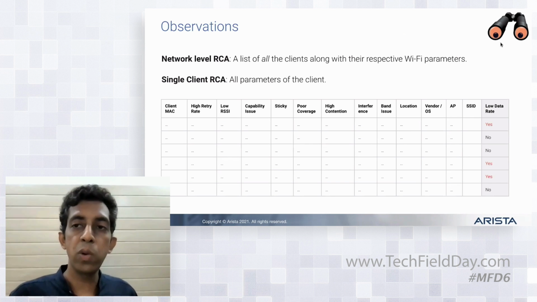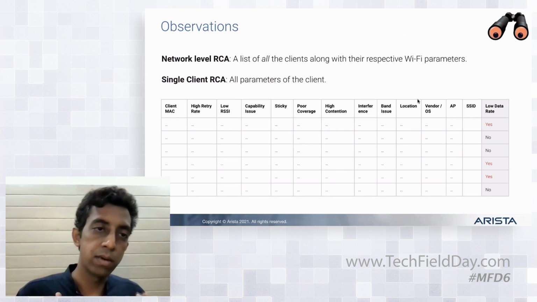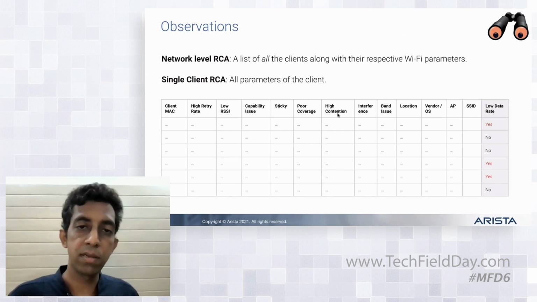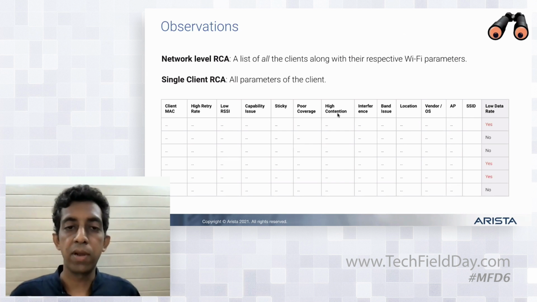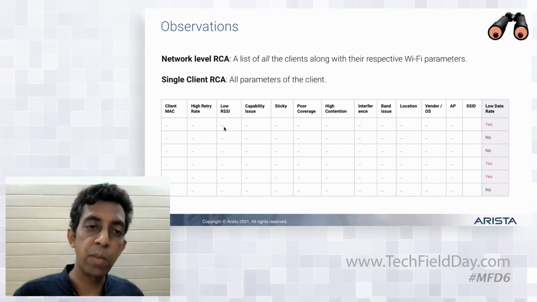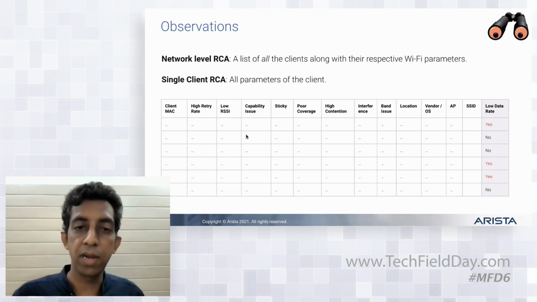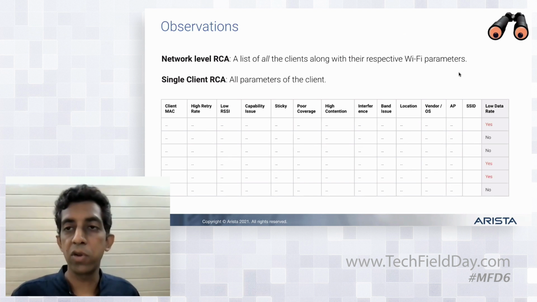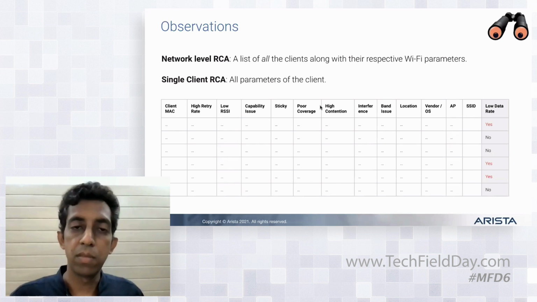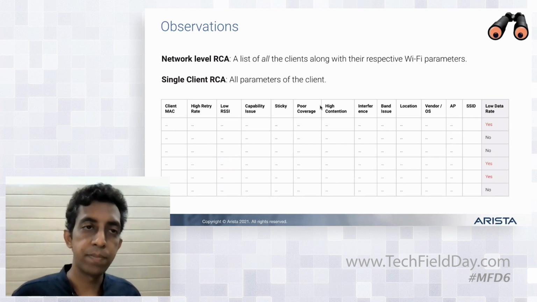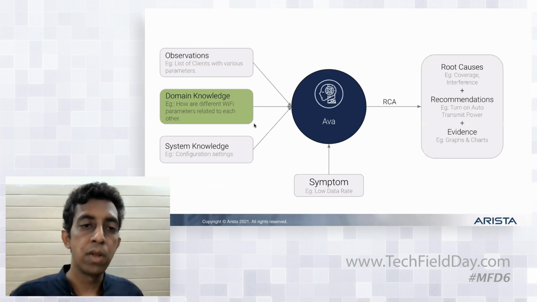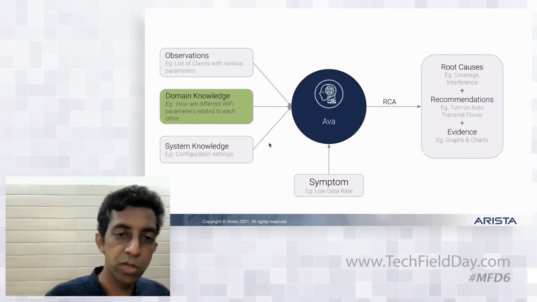And when you are doing network level analysis, you are looking at essentially all the clients in the network and trying to see what their Wi-Fi parameters are. Like, are they facing low RSSI? Are they facing high data rate, and so on? And what you're trying to determine is why is there low data rate in the network for some clients. So that's your observation.